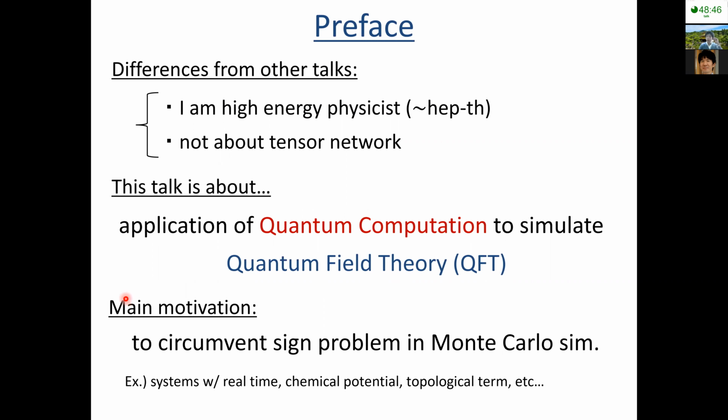But we have a common motivation, which is to circumvent the infamous sign problem in Monte Carlo simulation. And in the context of high energy physics, the sign problem physically occurs when we analyze systems with real-time chemical potential and topological terms, and so on.